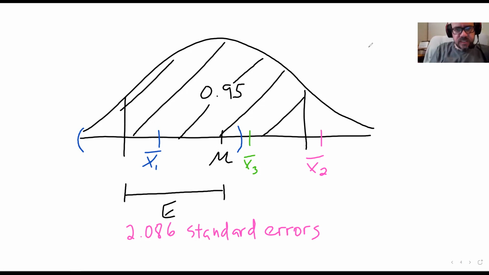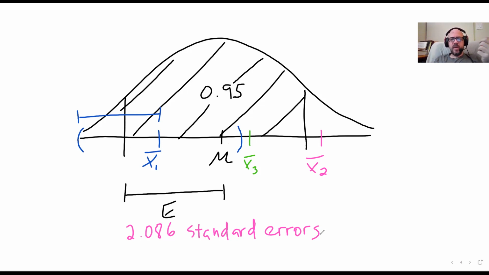Where this distance right here was E, that was the 2.086 standard errors. Now, 95% of all possible samples that I would take are going to fall within this black shaded area, and the distance from mu to the edge of the shaded area is 2.086 standard errors.